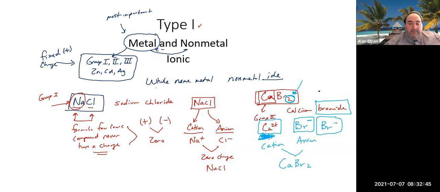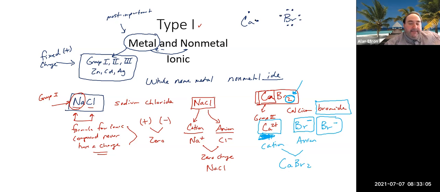So back to the question, just to remind you why there are 2 bromines, it has to do with what we talked about in terms of bonding. When we look at calcium, it is group 2. It's got 2 valence electrons. Bromine, which is group 7, has 7 valence electrons.